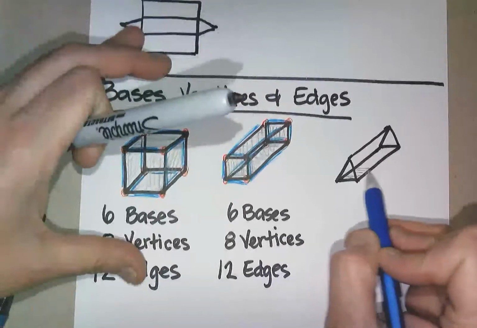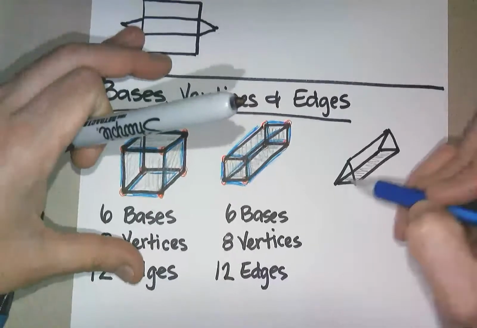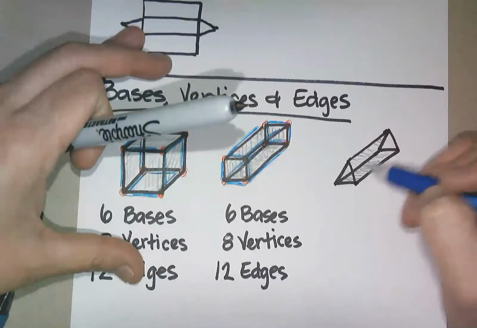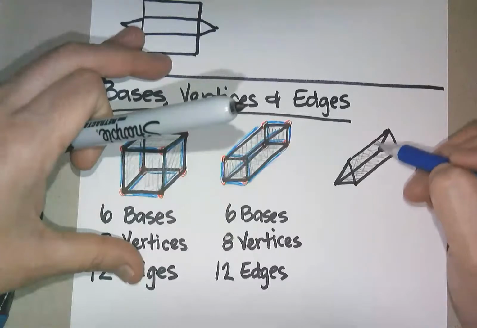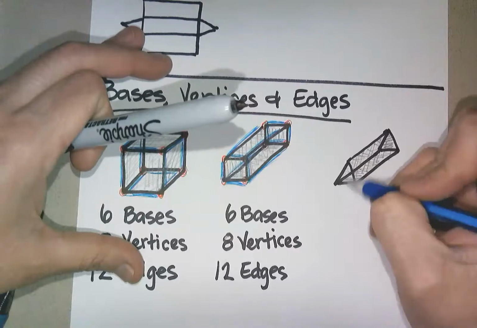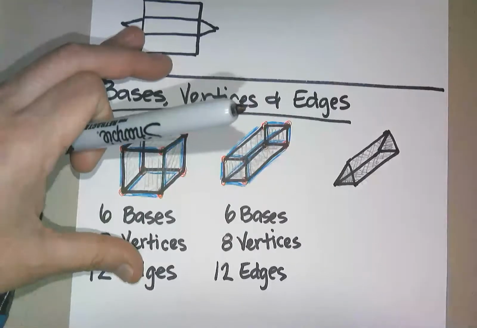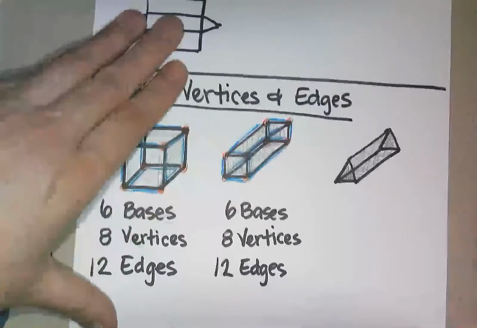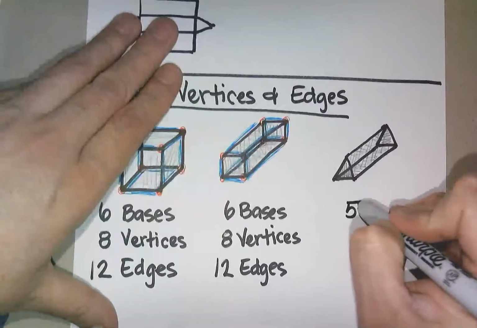That's 1. You have your side. That's 2. Then you have your front side. That's 3. Then you have your triangle in the back. That's 4. And you have a triangle in the front. That's 5. So the triangular prism has 5 bases.